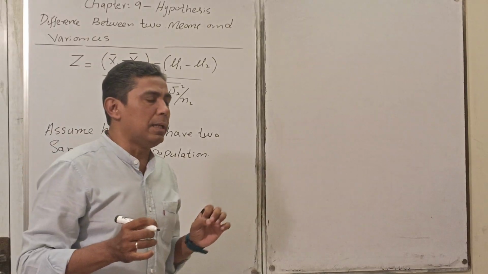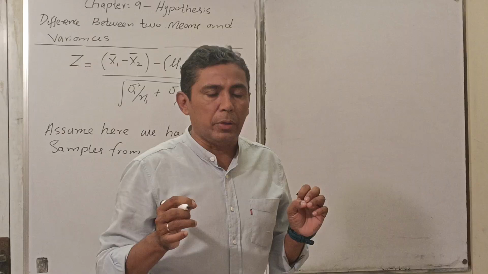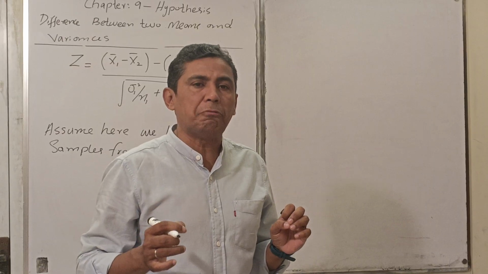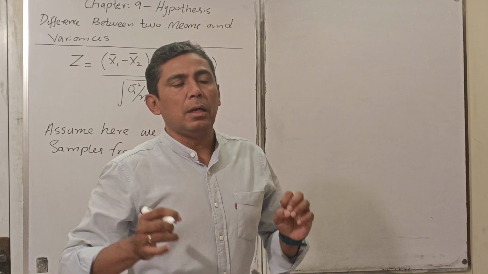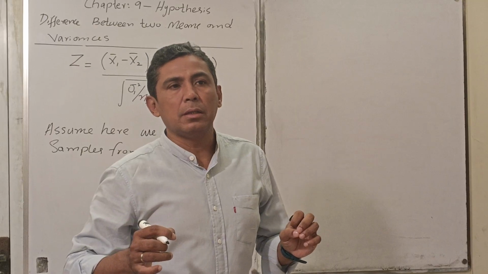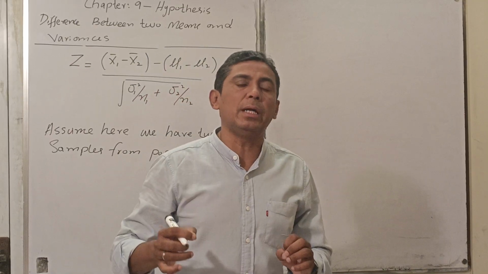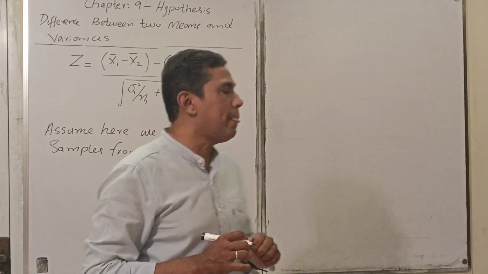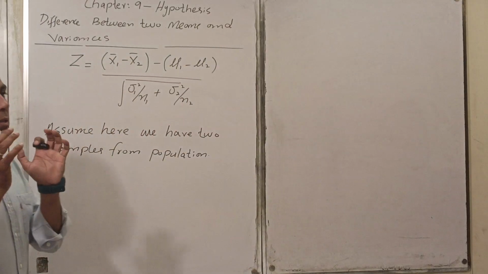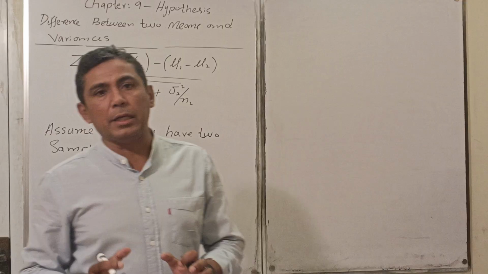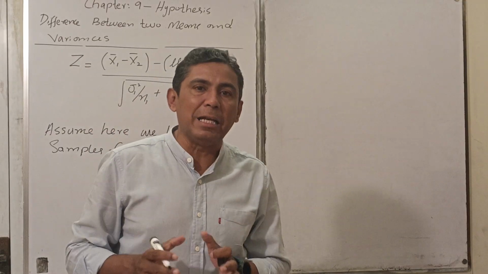What kind of sample? Let's say now I am going to select a number of students, and in two categories, some are female students and some are male students. We have selected the sample of two categories of the student, male and female.